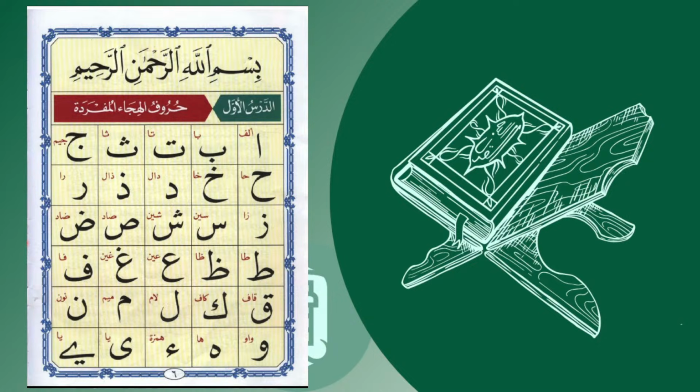I'll have you flip the page to page number 6 for those sisters following us. Flip the page to page 6 and trace out the gray structures for Tha and Jim. 4 gray structures for Tha on page 6 and 4 gray structures for Jim on page 6, paying attention to where the dot for the Jim is in relation to the baseline.